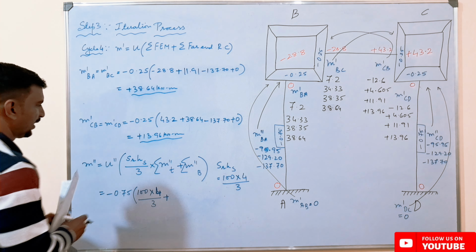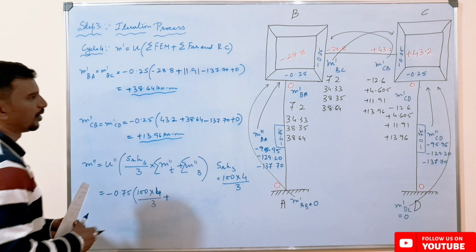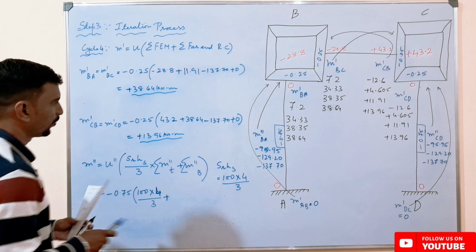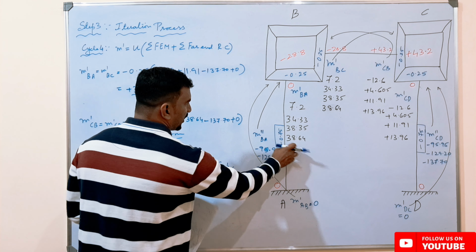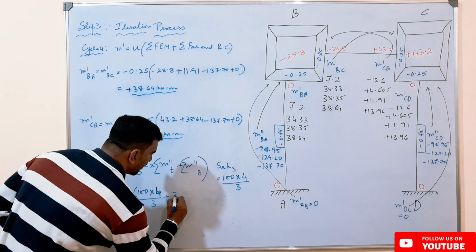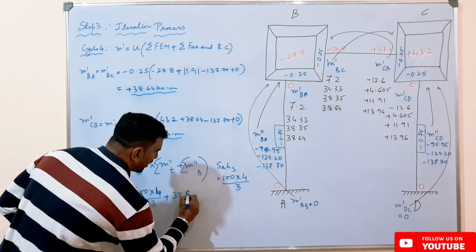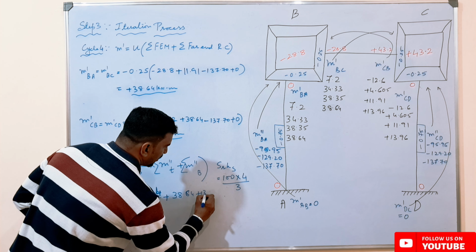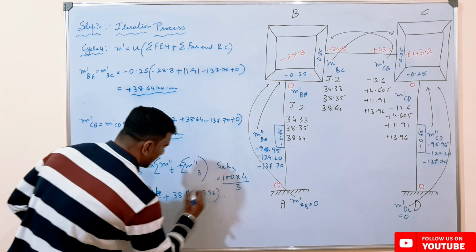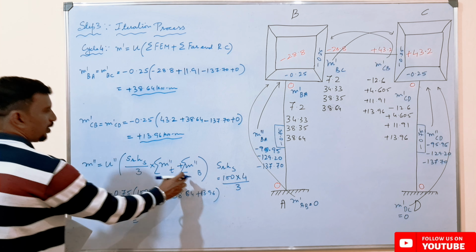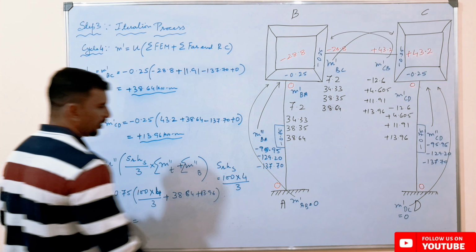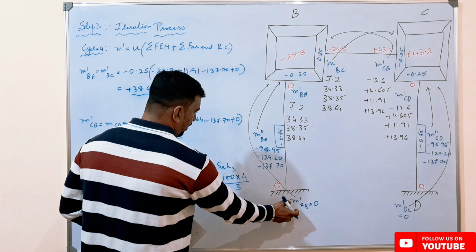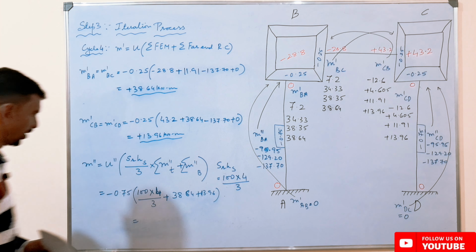So now if you want to calculate the displacement contributions, so here we are having a value that is 38.64 plus 13.96, and the summation of rotation contributions about the end is 0 over here.